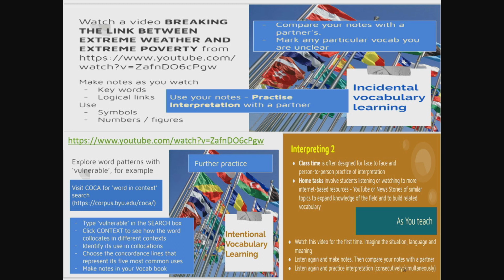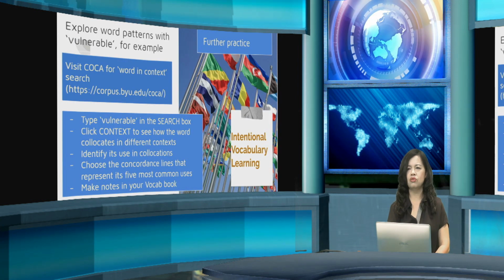By doing this, you can help students practice intentional vocabulary learning and also unintentional vocabulary learning, because by listening and watching the YouTube video, students can have a sense of familiar and unfamiliar words that they need to practice. So that can really help students practice speaking, interpretation, and also translation skills.